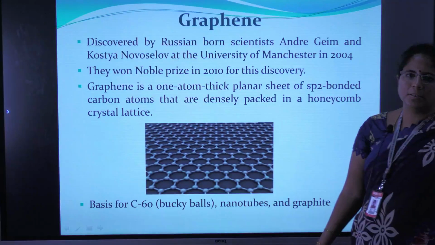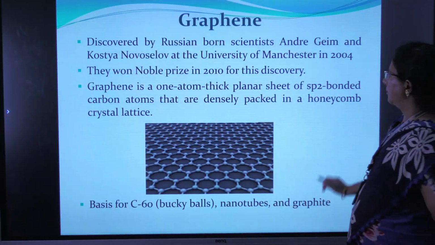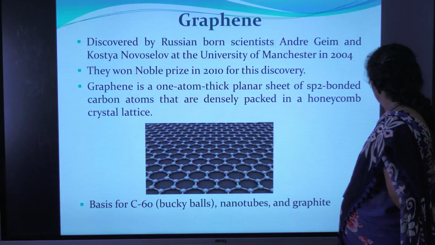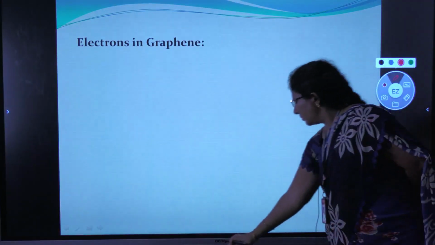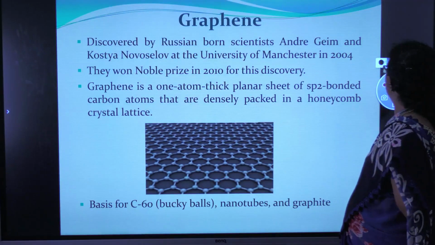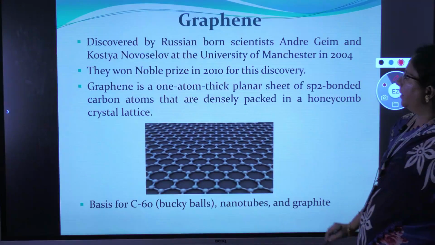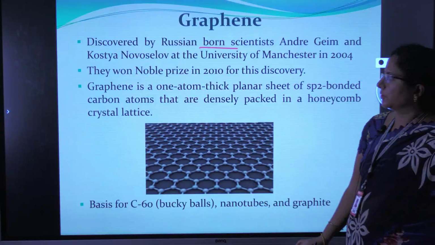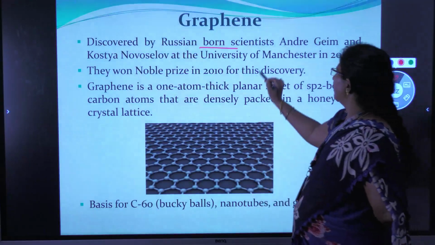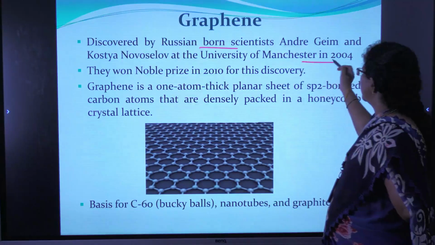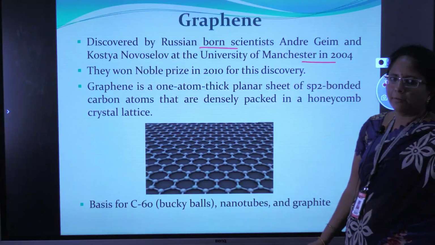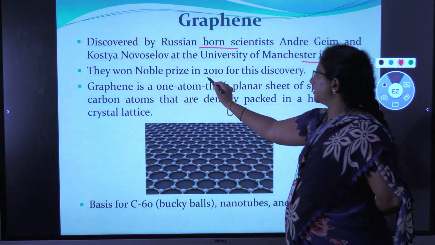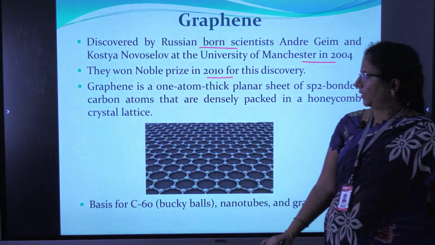And coming to the second topic, graphene. Graphene was discovered by Russian-born scientists Andre Geim and Kostya Novoselov at the University of Manchester in 2004. They won the Nobel Prize in 2010 for this discovery.